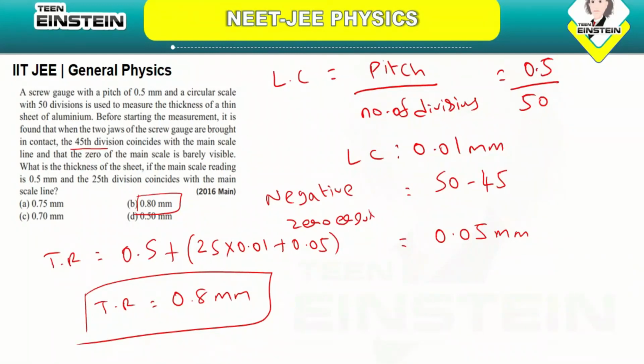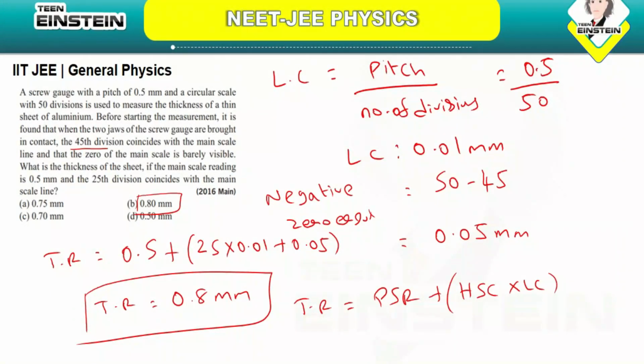So, it is a very simple problem. If you see all the screw gauge problems, they will give you the values of the pitch and the number of divisions. You should first find out the least count, and you can make use of the general formula: total reading is equal to pitch scale reading plus HSE into least count. Okay. So, pitch scale reading is the measurement the pitch scale is showing, and HSE is the head scale coincidence.